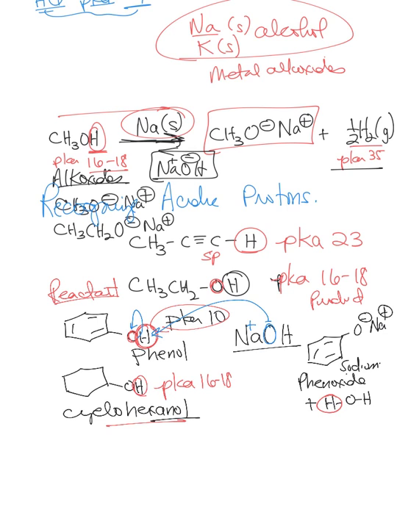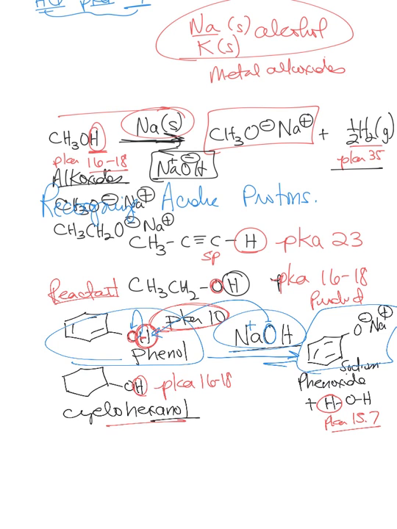You're comparing the pKa. You've got a pKa of 10 for this proton here and a pKa of 15.7 for water. So your equilibrium will lie towards the sodium phenoxide compound. That means you can take phenols, which are different from alcohols, and throw in sodium hydroxide, and you can get a sodium phenoxide.